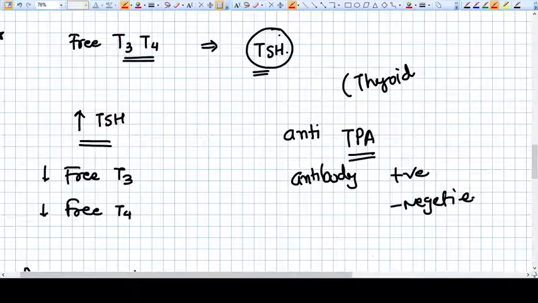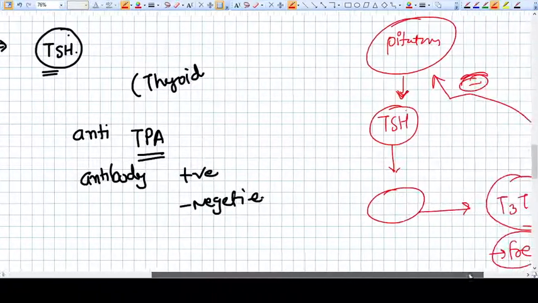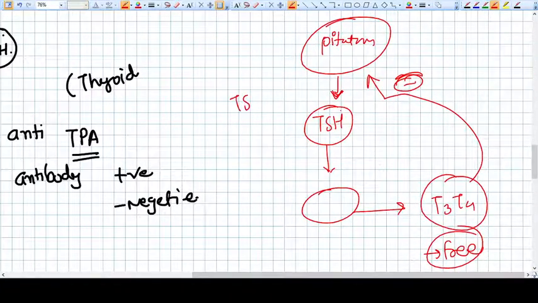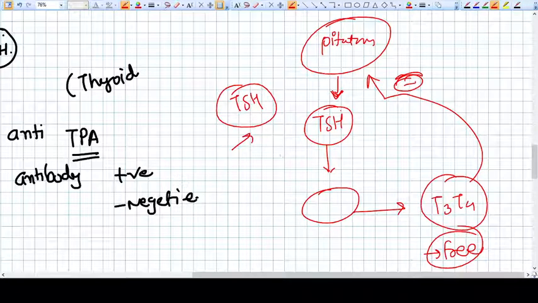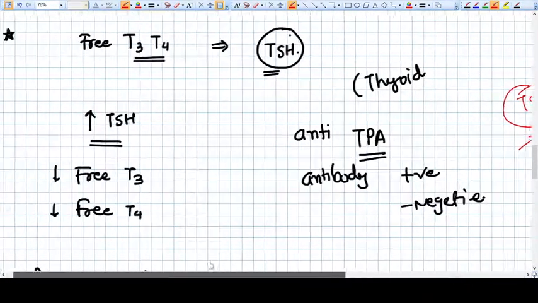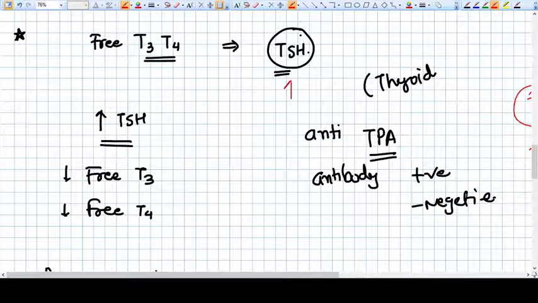When you start investigating hypothyroidism, the first investigation of choice is TSH. The TSH will give you a larger idea of thyroid status. For example, if the TSH is higher, then you know that the negative feedback by free T3 and T4 is less. So the first investigation is TSH.